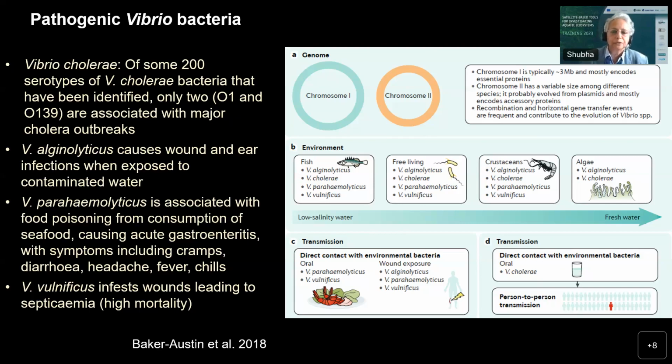In Baker-Austin and colleagues' very good summary, which I have shown here, they have classified all their properties in a very nice diagram. And if you look at the genome, the important point to note here is that these organisms are capable of recombining with other organisms, and they can also do horizontal gene transfer, and that leads to the evolution of the species.